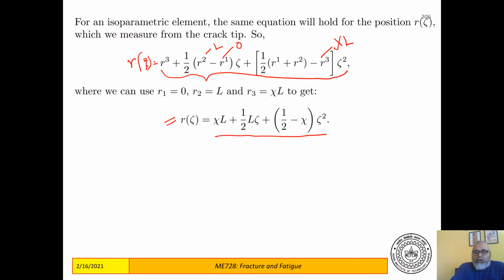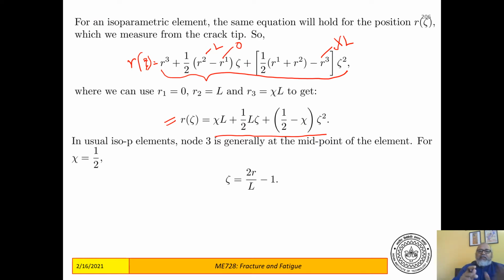Now, in isoparametric formulation, node 3 is generally placed at the midpoint. That means chi is equal to half. If chi is equal to half, then this term becomes 0, and you can solve for zeta in terms of the position as this.